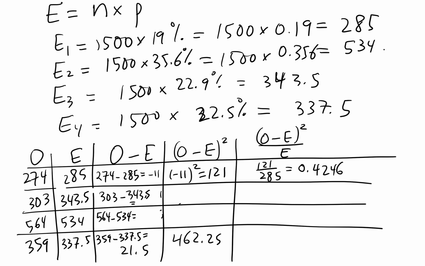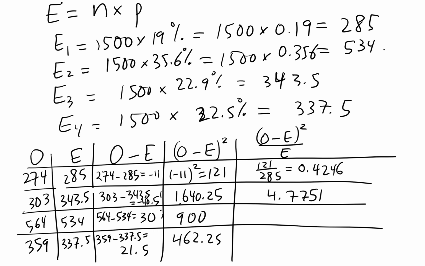So we do 303 minus 343.5, that's negative 40.5, and squared that is 1640.25. If you divide it, you get 4.7751. This is 30 here; squared, 900.